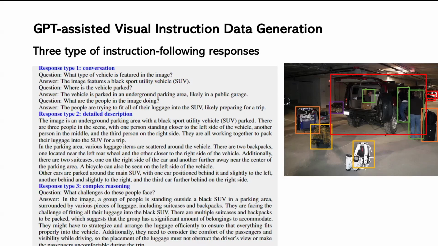It's more about the implications from the original image. Using this example, we see that there is a small SUV and there are several large luggages on the ground, right? The reasoning problem here is: what is the unique challenge for the people in this image? So the challenge is how to put those luggages into the small SUV.